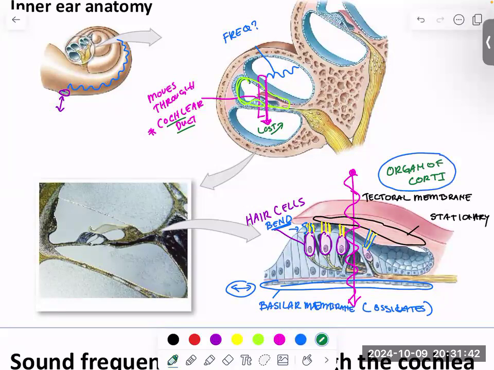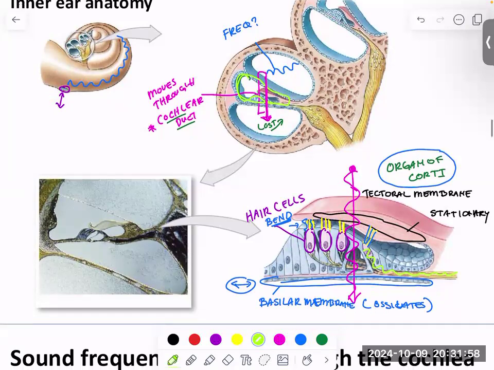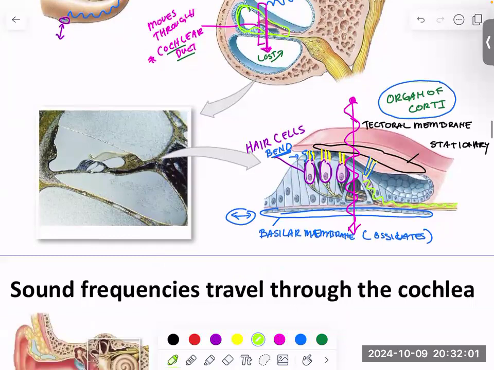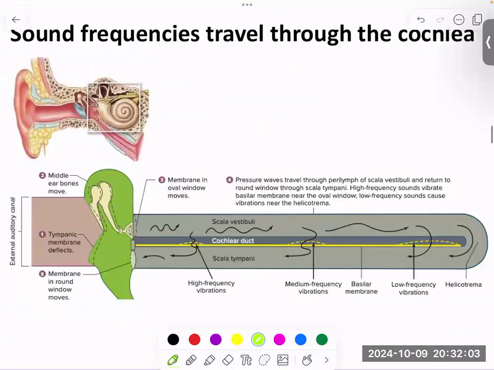When they bend, it's going to send an action potential through the neuron. That one is your cochlear nerve. It will eventually become the vestibulocochlear nerve. So technically, do you see how the cochlea is coiled like a snail shell? If you were to stretch it out, it would be one long tube, just like shown below.